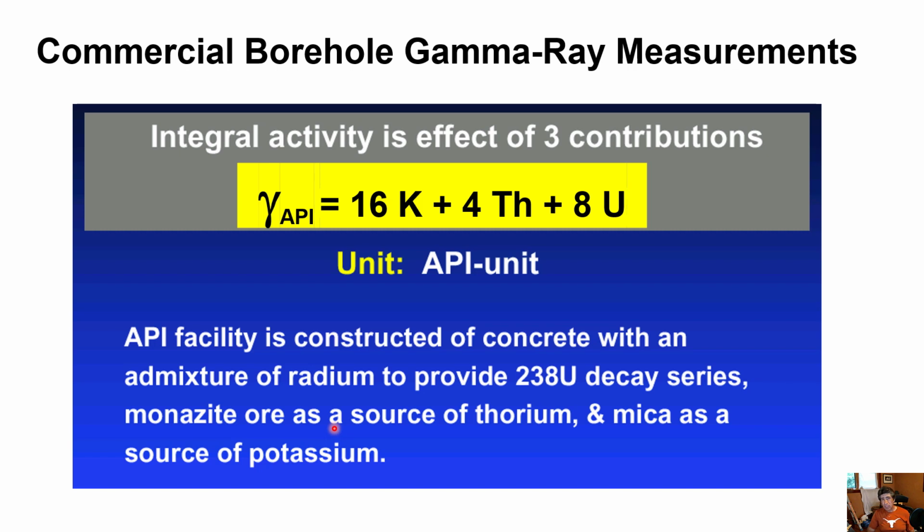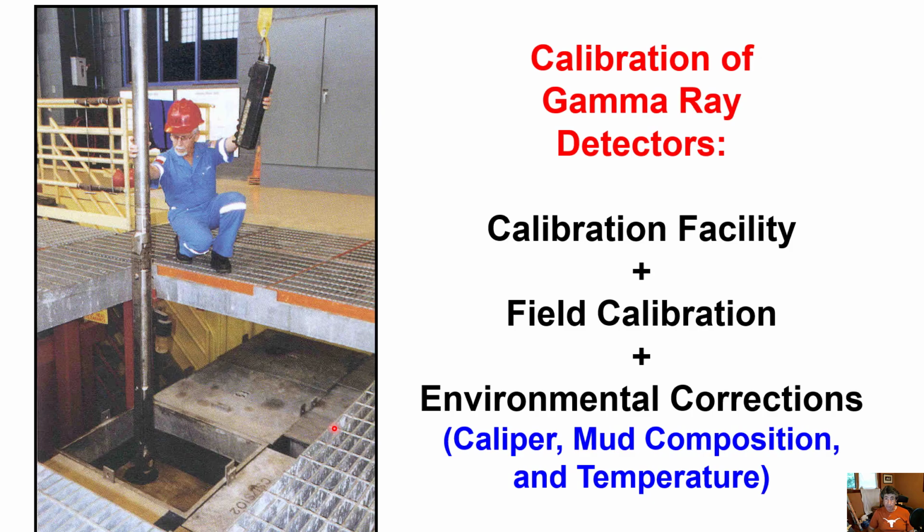In that linear combination, the numbers applied to each of those count rates are a function of the tool. Additionally, those count rates need to be calibrated with some standard that I'm going to talk about in a second. So essentially, the standard gamma ray log is a weighted average of the count rates coming from potassium, thorium, and uranium.